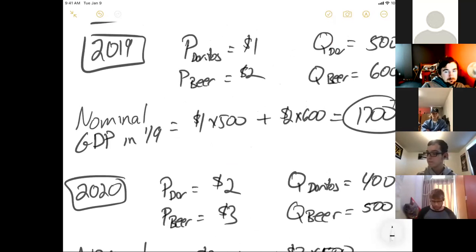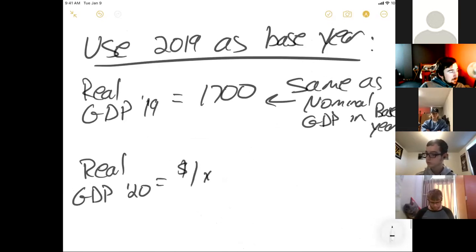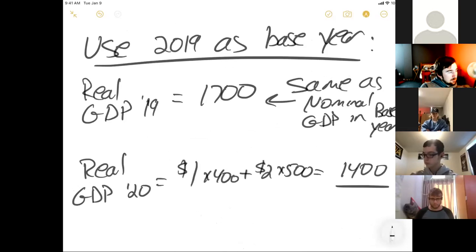Okay, 2019 prices and 2020 quantities. So it's going to be 1 times 400, and then 2 times 500. So, 1,400.